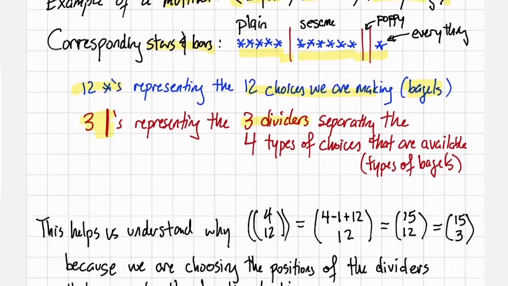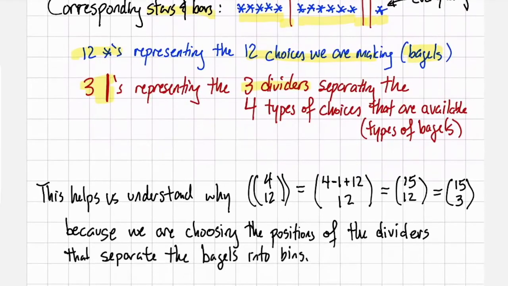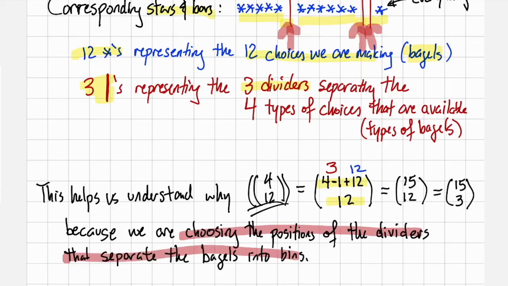And this type of visualization is helpful to understand why this 4 multi-choose 12 can be written as 4 plus 12 minus 1 choose 12 because there are 3 bars and 12 stars, and we want to choose in which positions we're placing the bars or in which positions we are placing the stars. In effect, we are choosing the position of the dividers that separate the bagels into bins.